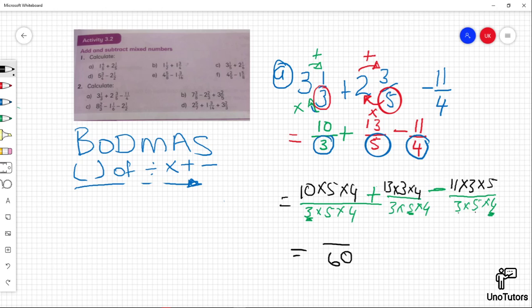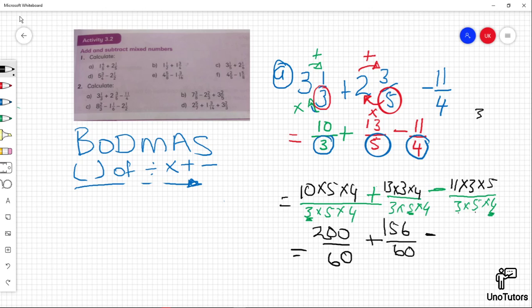On top we'll have 50 times 4, which is 200, plus 13 times 3, which is 39. 39 times 4 will be 156. So over 60, minus 11 times 3, which is 33, times 5.